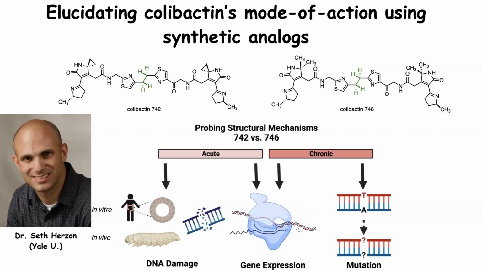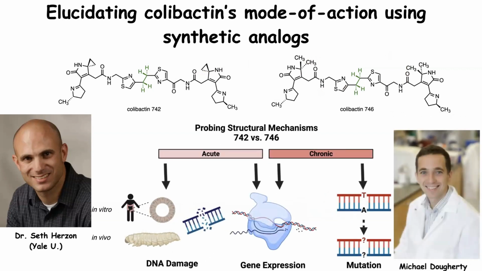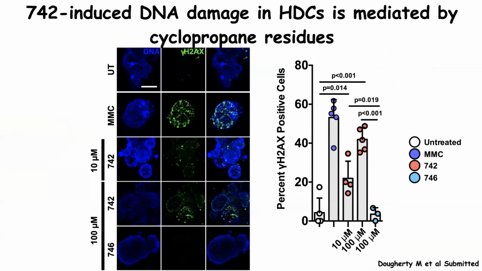We did different things, but I will skip a lot. And that was driven by my student, Michael Daugherty. What he did is he used different amounts of this molecule and exposed human organoids to the molecule, active or inactive, and then stained for histone H2AX, which is a marker of DNA damage.